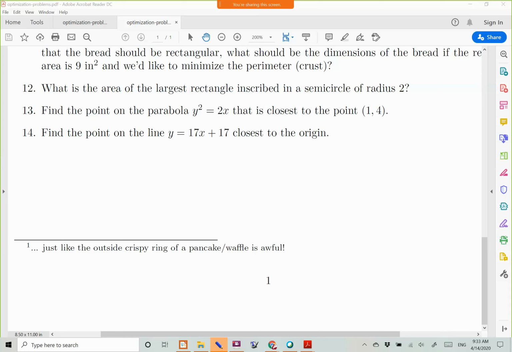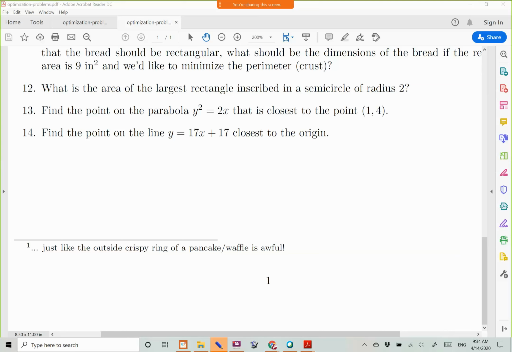Yeah, good question. I know you're asking the question privately, but I'm typing the answer to you while saying it to everyone. Keep in mind, y squared equals 2x.